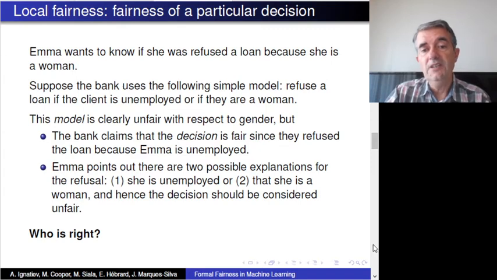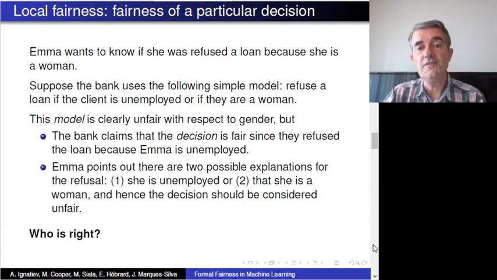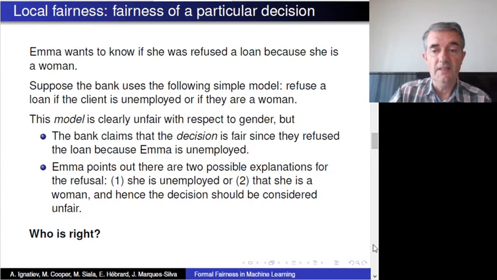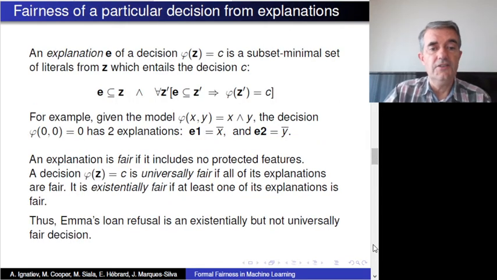Emma points out that there are actually two possible explanations for the loan refusal, one that she is unemployed and one that she is a woman, and hence the decision should be considered unfair. Now, who is right here? In fact, no one, or both. There are two possible definitions of fairness, depending on whether you say that we call this universal fairness or existential fairness.